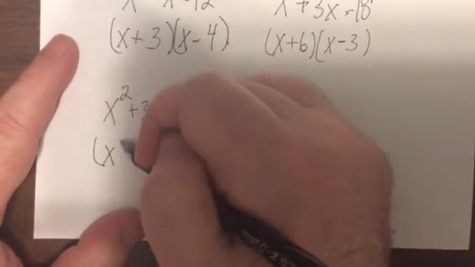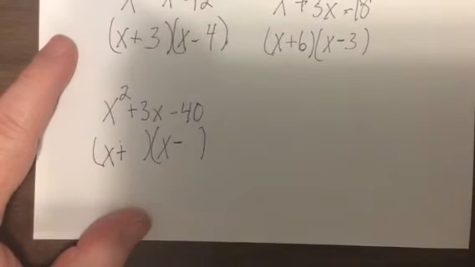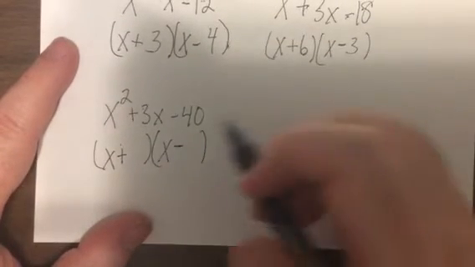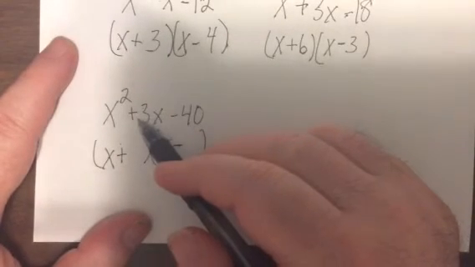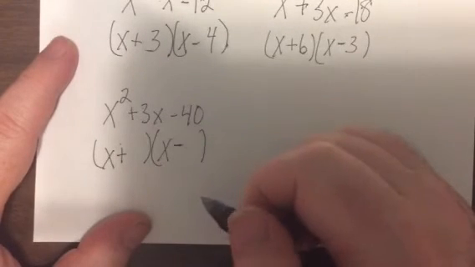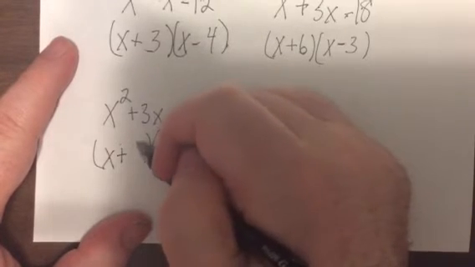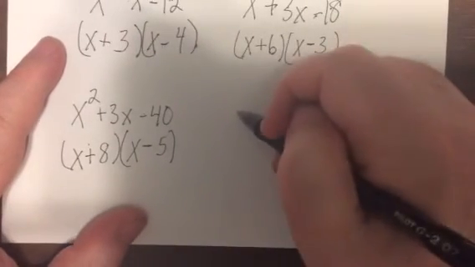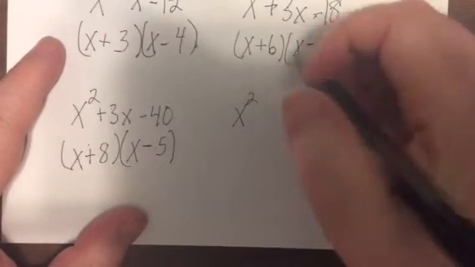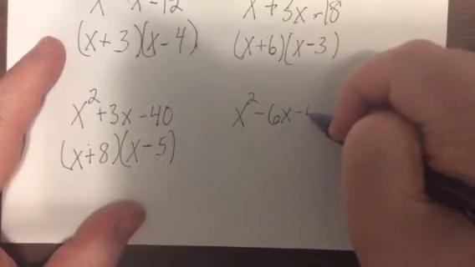Last term's minus, so one's plus, one's minus. And what are the factors of 40 that subtract to give you 3? And that would be 8 and 5. Now the largest one goes with the middle sign, so the 8 has to go here and then the 5 here.